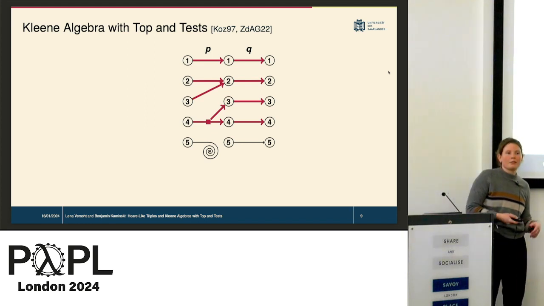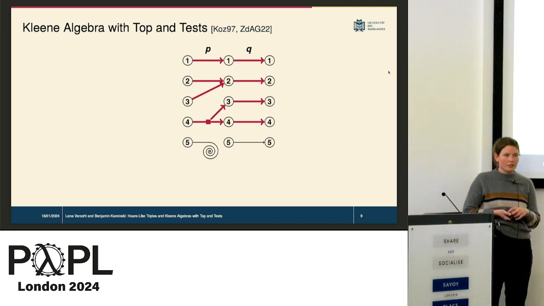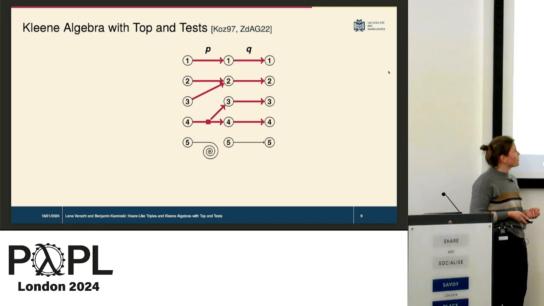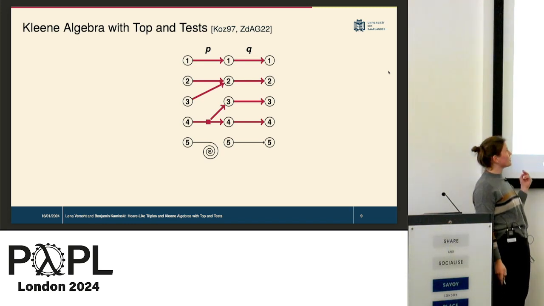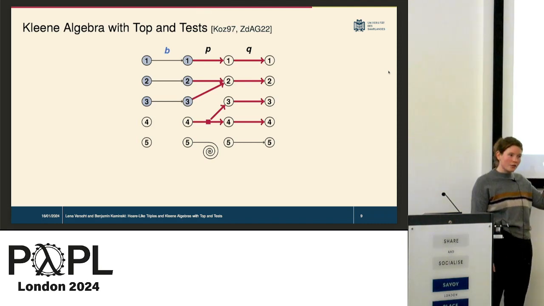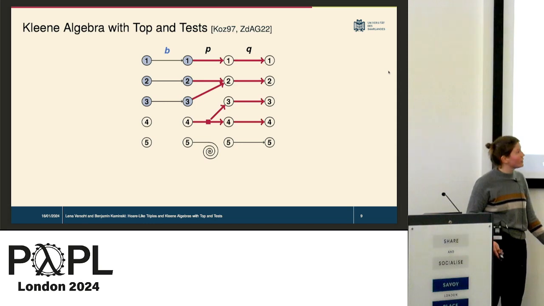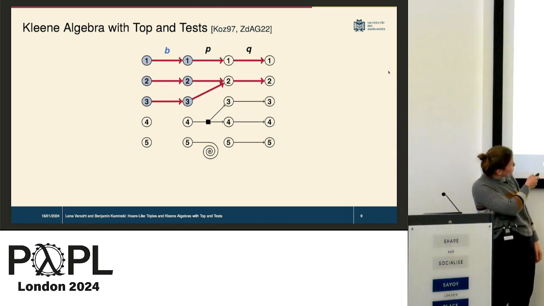And tests are special elements of the algebra in that they are subsets of the identity relation, and they can be negated. So the relational representation of a property fulfilled by states 1, 2, and 3 is exactly this here, and we can also compose a test to an expression which then gives us this new relation.